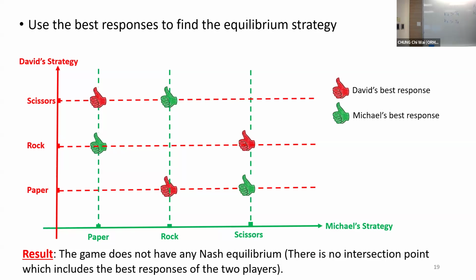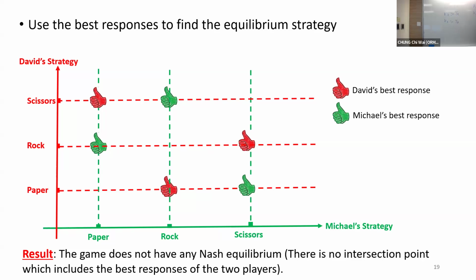Here, is there any point which includes the best response of both players, David and also Michael? Since there's no point that includes the best response of the two players, it indicates that the equilibrium does not occur.